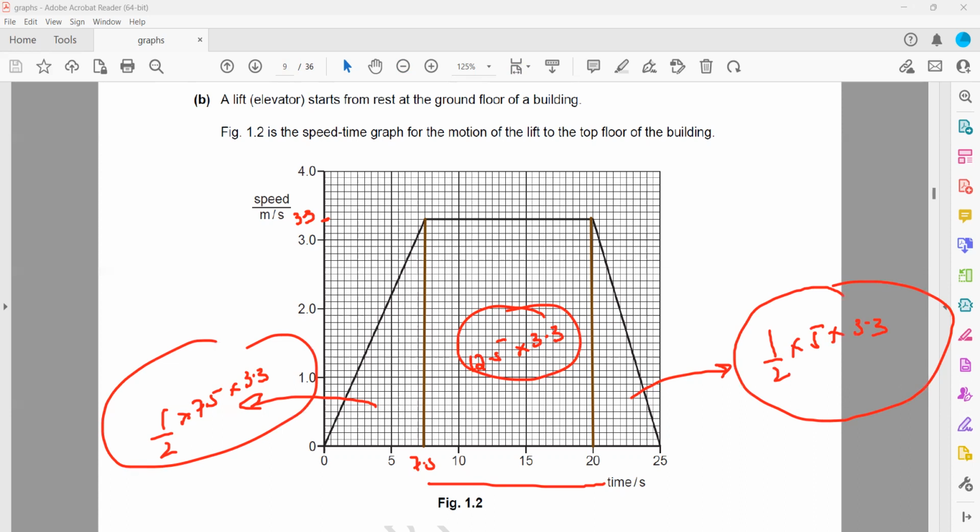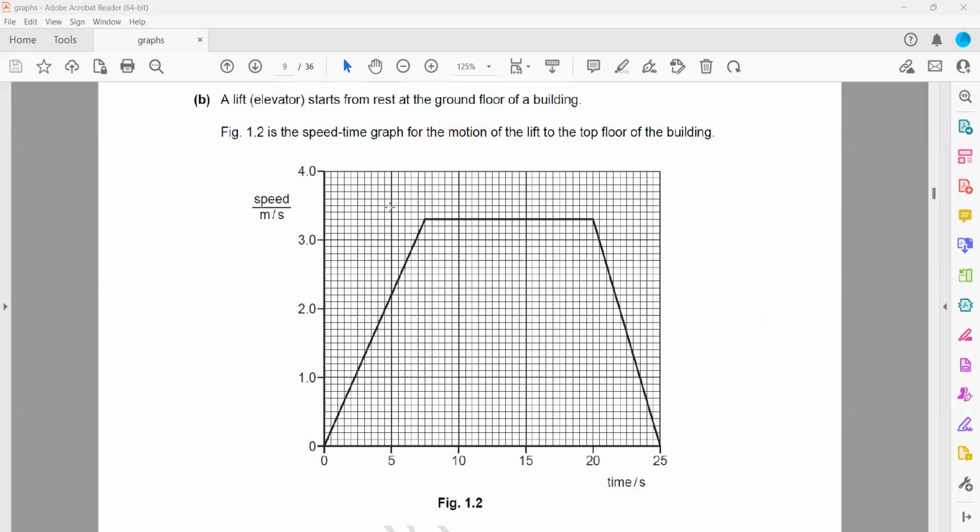When we add them, it will be about 61.8, which is about 62. So 61.8, and the unit will be meters because the speed is in meters per second and time is in seconds. So for a speed time graph, whenever you need a distance, you always calculate the area under the graph.